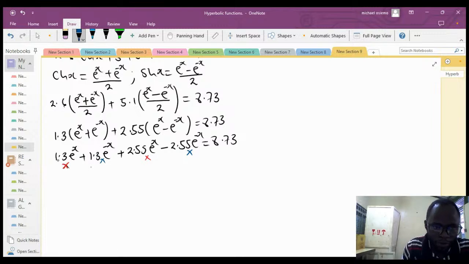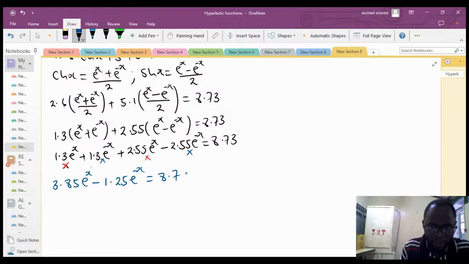So we're going to have 1.3 plus 2.55, which gives 3.85 exponential x. Then you have 1.3 minus 2.55, which gives minus 1.25 exponential negative x, and this is equal to 8.73.